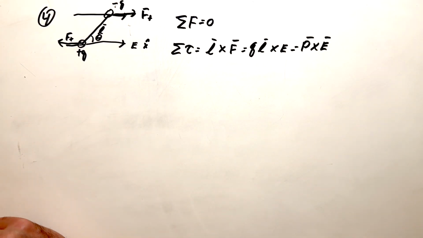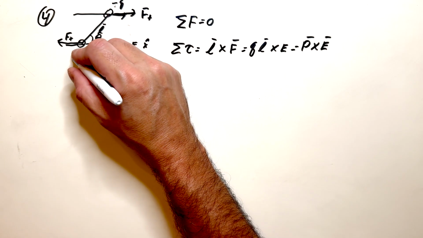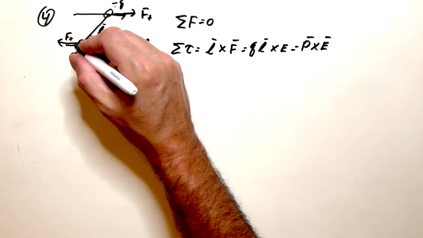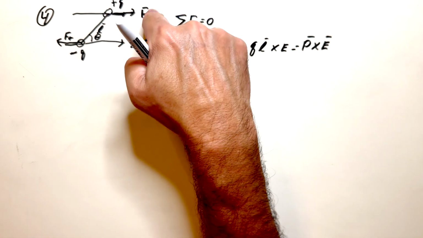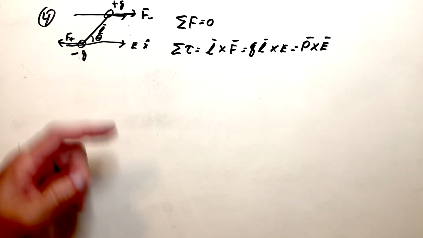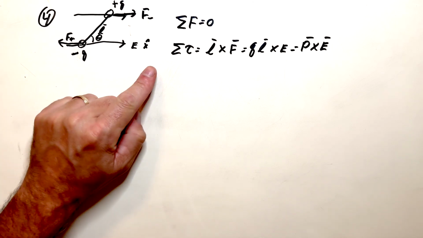So you see that the torque aligns the dipole in the direction of the field. Oh, yeah, I totally messed that up. This should have been minus Q here. So this is the minus, and this would be the plus Q here. So we call this F minus. Yes, because the electric field starts at positive charges and ends on negative charges.